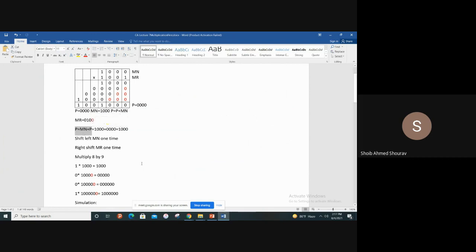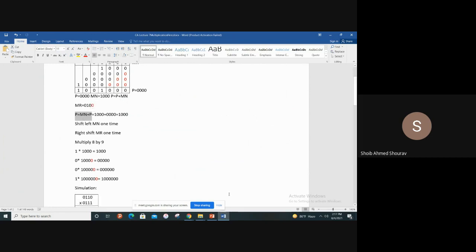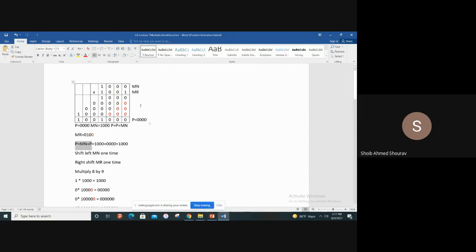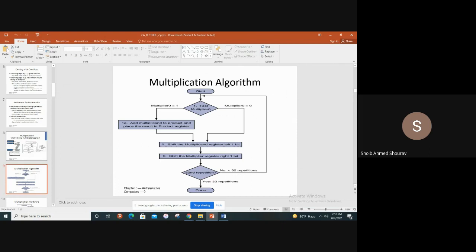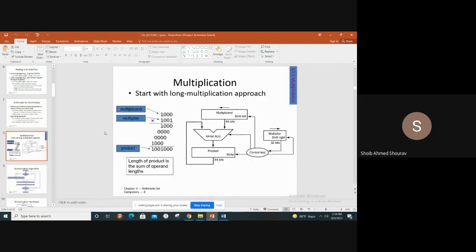Okay, so if this is clear, we are going to talk about the algorithm in here. Like I have said, we need a register to store mn, we need another register to store mr, and we need another register to store the product. We are going to see the hardware diagram in here. And you can see in the hardware diagram, they have this multiplicand register to store the multiplicand mn. They have the multiplier register to store the multiplier mr. They have the product register to store the product p.